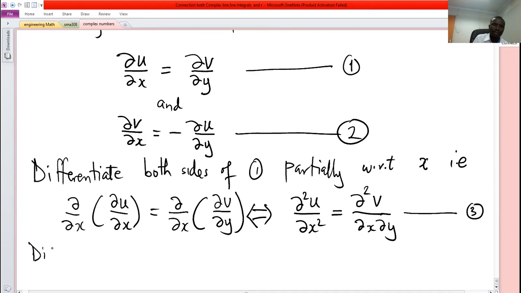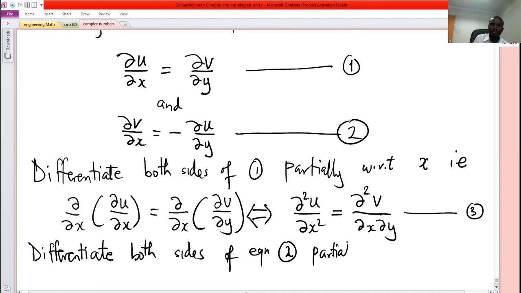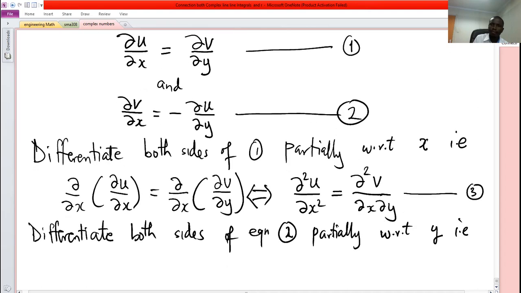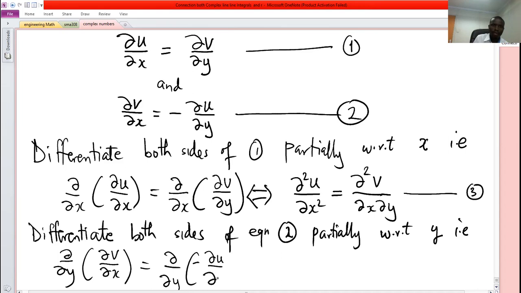Similarly, differentiate both sides of equation 1 partially with respect to y. Actually, let's use the same equation 1.